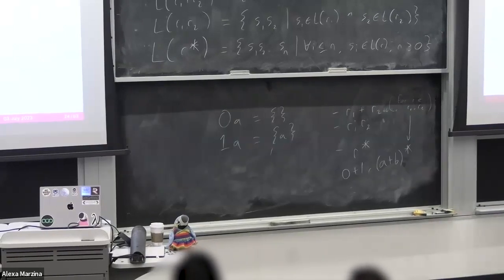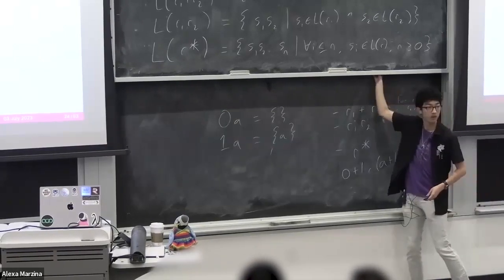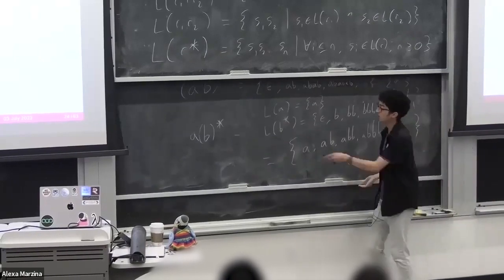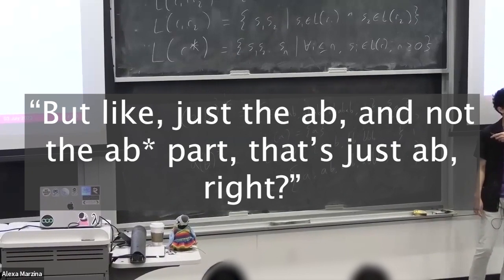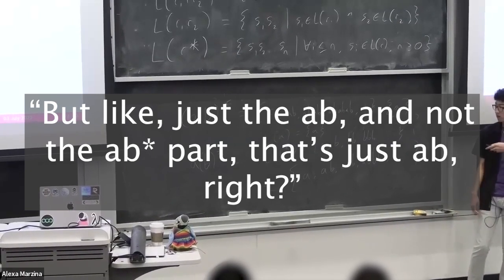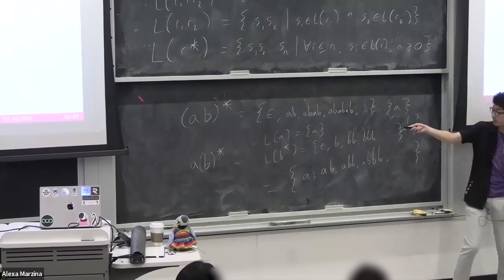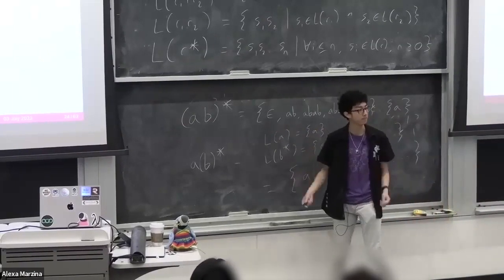Language for A, B star. A, which one? Yeah, this one. So yes, this language is AB repeated any number of times. Oh yes, the language for the sub-regular expression here is just AB.